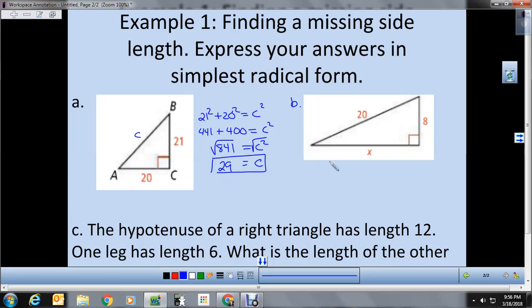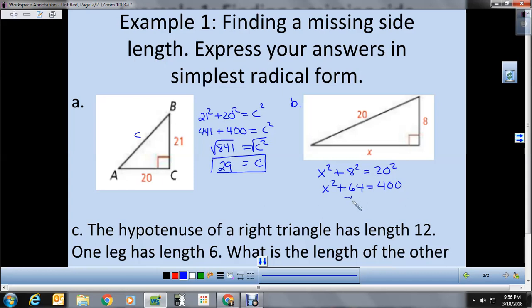Now that you've had a chance to work it, let's see how you did. We take the two legs, where one leg is x, our variable this time. x squared plus 8 squared is equal to our hypotenuse, which is 20 squared. Remember, the hypotenuse is always the one on the other side of the equal sign by itself. So we've already got x squared, so we'll bring that straight down. 8 squared is 64, and 20 squared is 400.